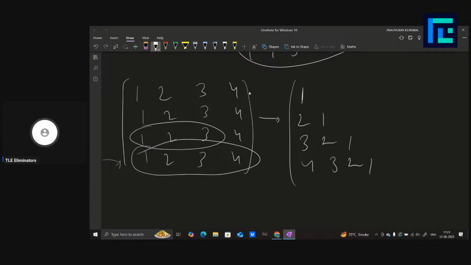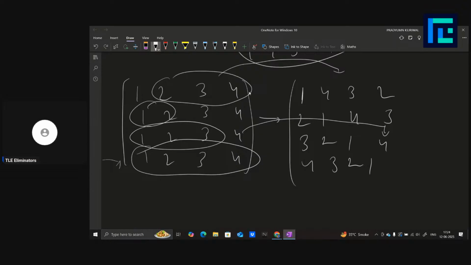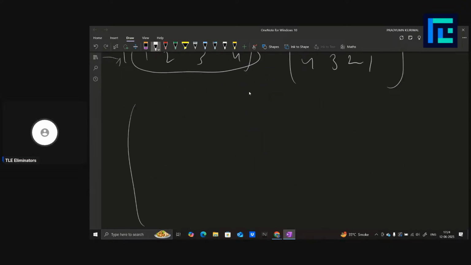And what about the remaining elements like this 2 3 4? If I reverse it, it becomes 4 3 2, and this 2 1 I have already placed right here, and 3 4, if I reverse it, it becomes 4 3, and this 4 I'll just place directly.